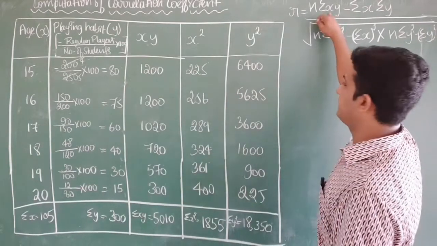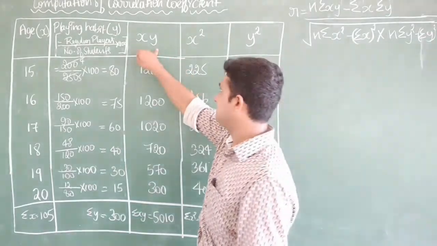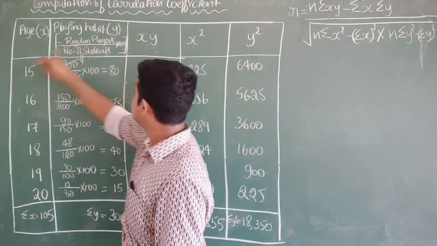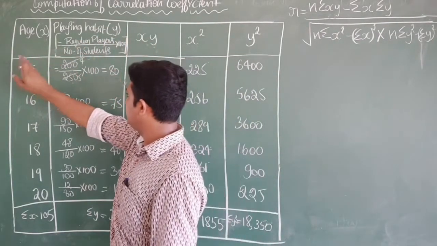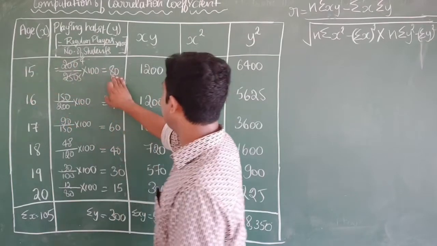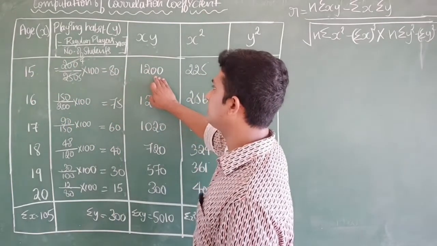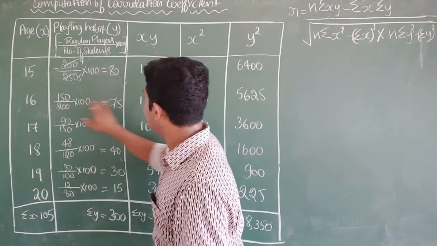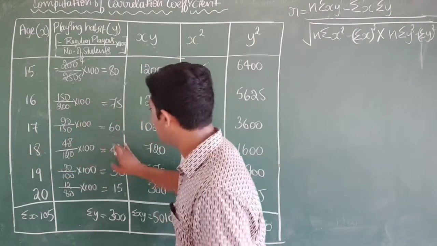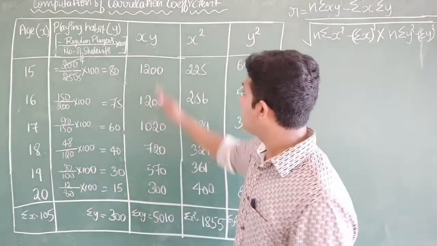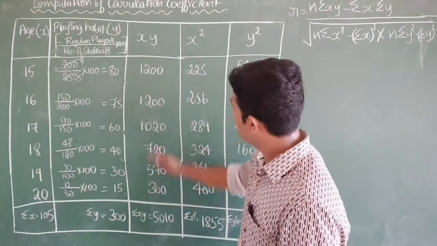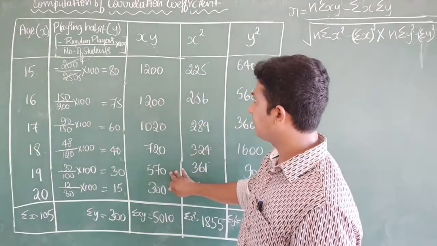So we need xy, the first variable, that we have done here by multiplying x with y. For example, in the first case it is 15 into 80, which is equal to 1200. Similarly, you need to multiply each of the x and y values to get the xy value. That I have calculated here.